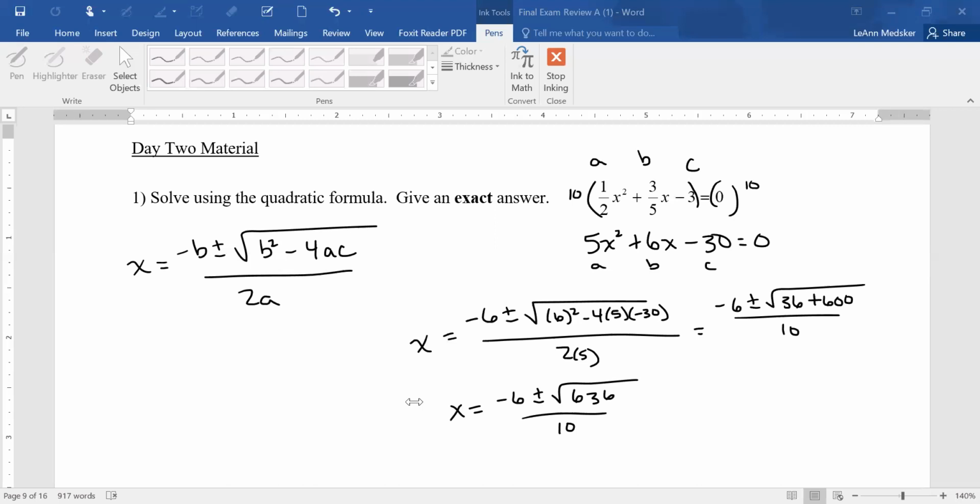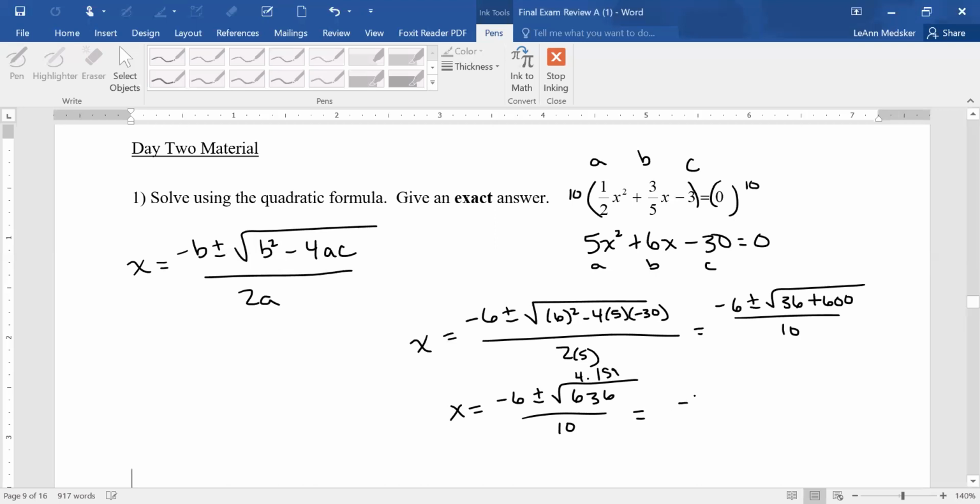Nope, 3 goes into it. But 53 is prime. So 4 is the only perfect square that goes into this. So we're going to pull this out as a 4 times, and 636 divided by 4 was 159.